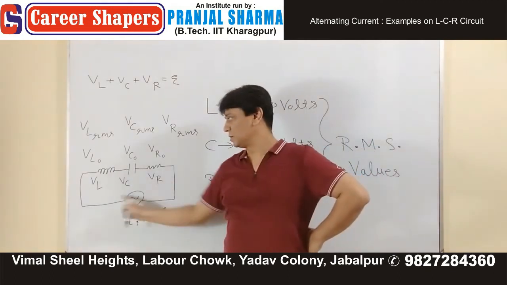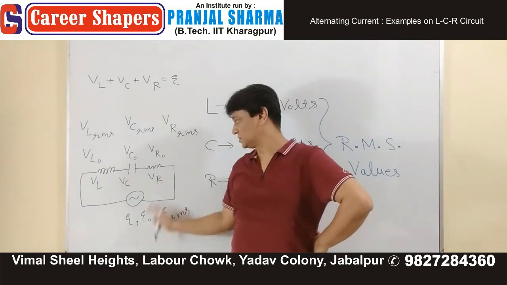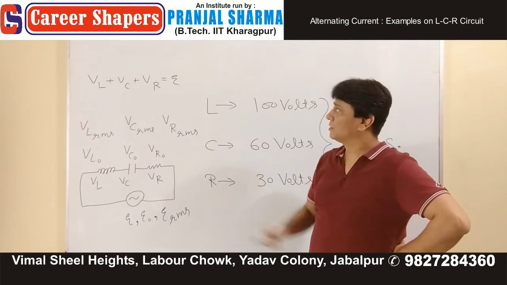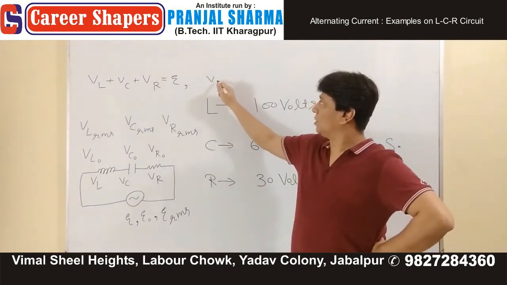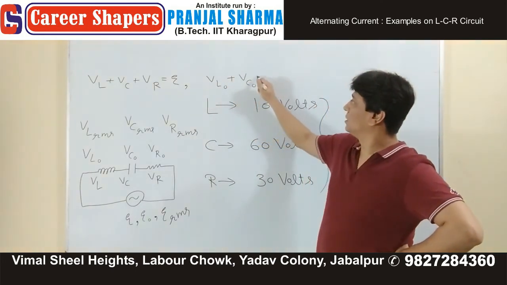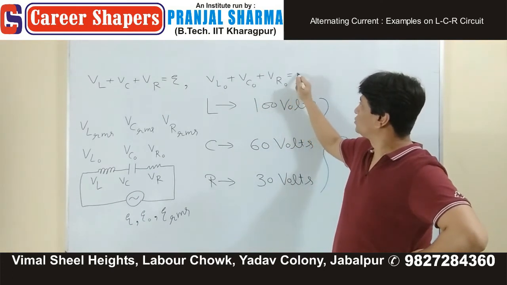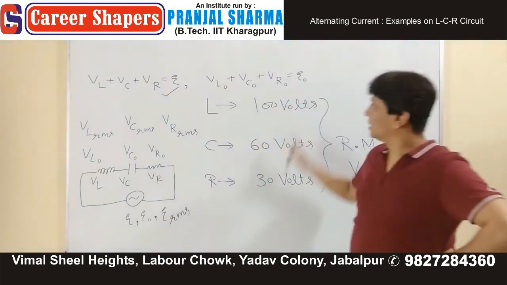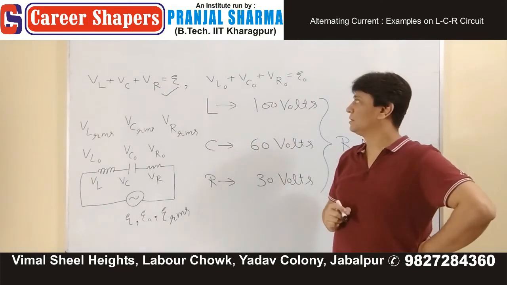If you run a closed loop, then this plus this will be equal to E. And VL naught plus VC naught plus VR naught equals E naught. Is this relation correct? Yes or no?